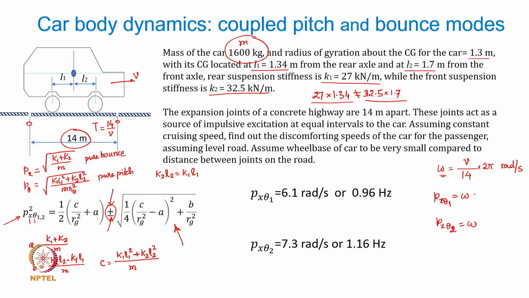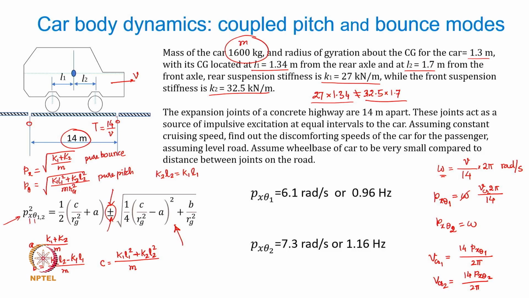So actually omega is something which I can replace in terms of 2 pi V over 14, and therefore the critical speed of cruising can be estimated. So the first critical speed of the vehicle will be 14 px theta 1 over 2 pi, and the second critical speed is going to be 14 px theta 2 over 2 pi.